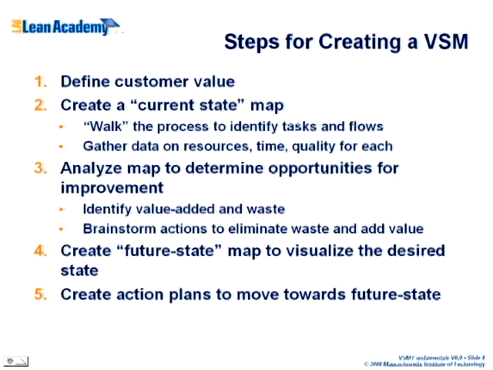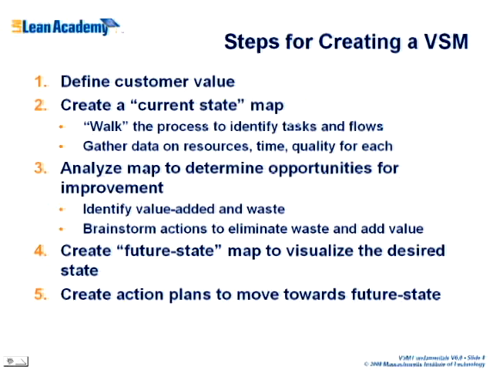And then here are the steps for doing value stream mapping. You've already heard these, and this just writes down what you've heard. You want to define what is value for your value stream. Then you create a current state map, an as-is map. So that's what we're going to do for Sasha and Andy. We're going to say, what is their current state? And they've collected the data for us. Then you want to analyze that map and see where the value added and waste activities are, and then brainstorm on how to eliminate the waste and add more value.